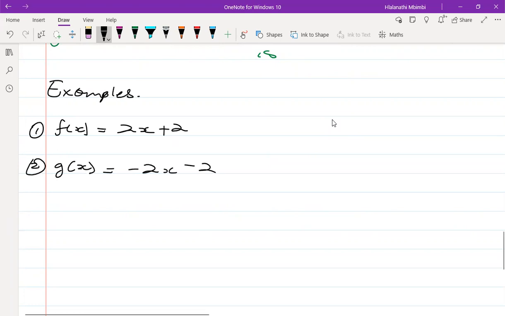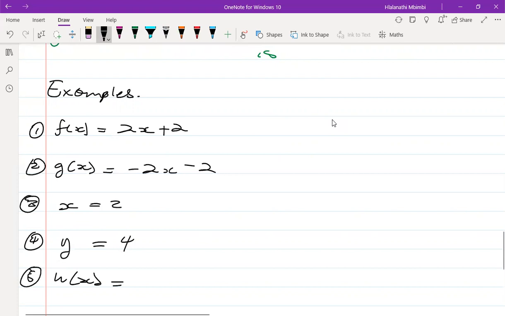And then we will have the third one where y is equal to 2x. The fourth one where y is equal to 4. And the fifth one where h of x is equal to minus half x minus 2. I'll make that plus 2.